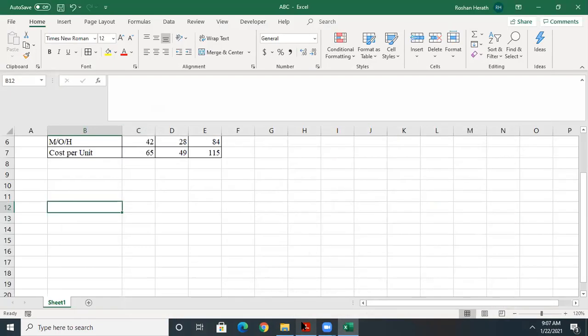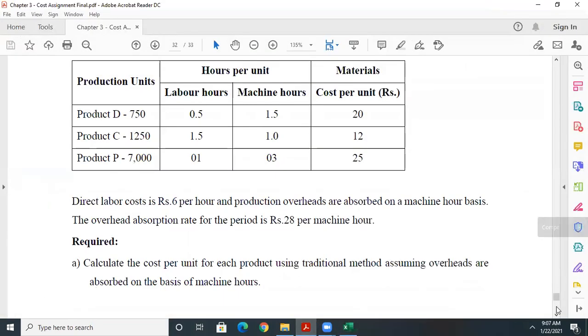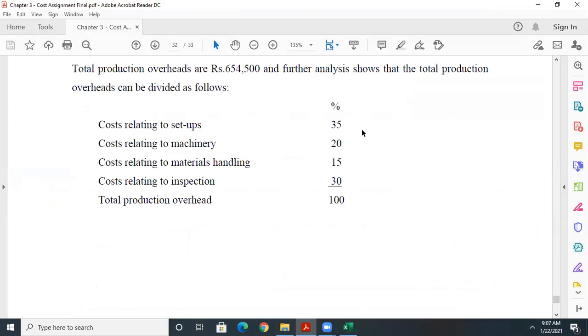So here, in ABC, you need to have the cost distribution sheet. The activities need to be identified first. Activities must be identified. As per the question, there are a couple of activities.